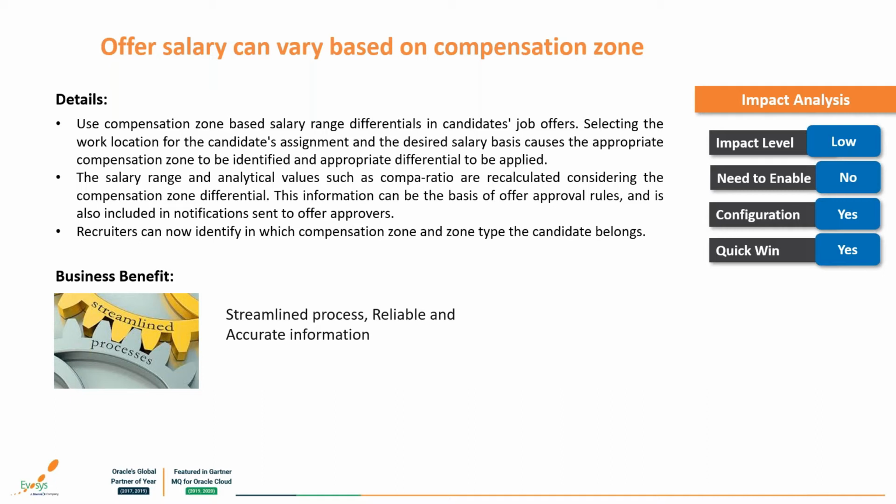So the salary range and analytical values such as compare ratio related to payroll are recalculated considering the compensation zone differentials. So this information can be based off offer approval rules, and yes, it is also included in the notification which is sent to offer approvers.